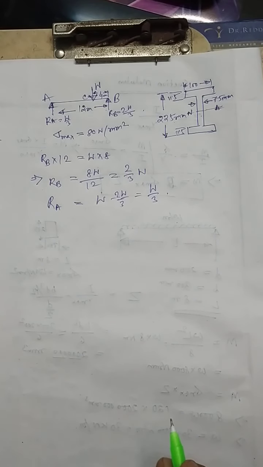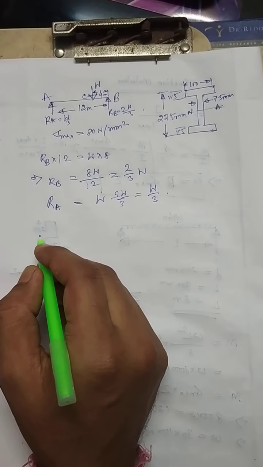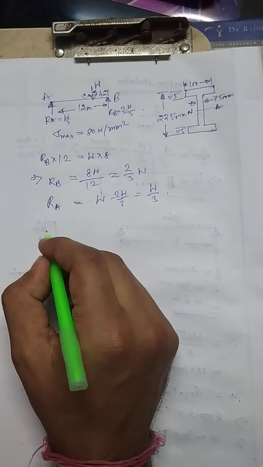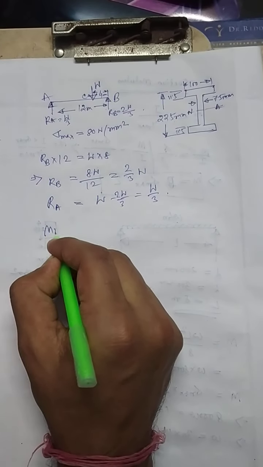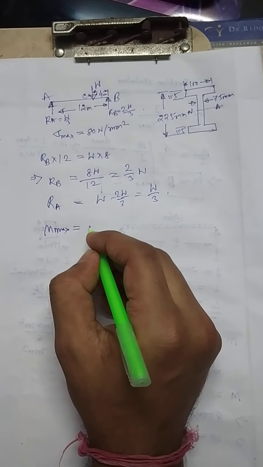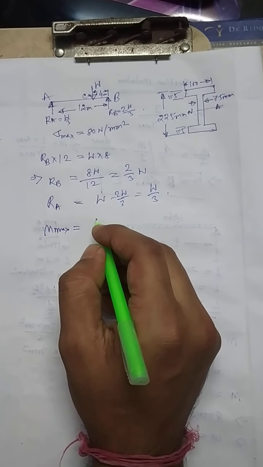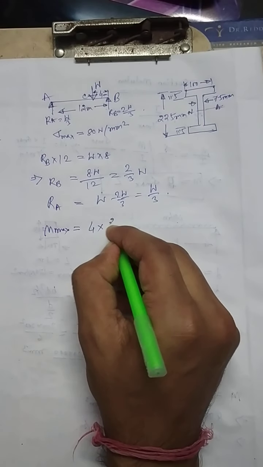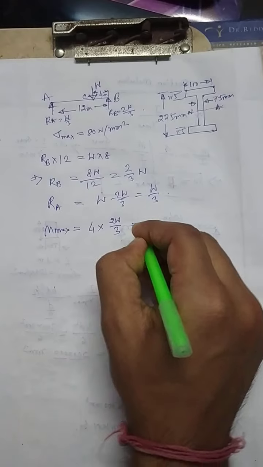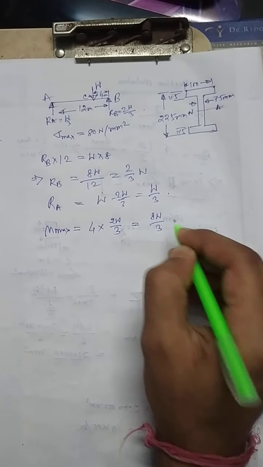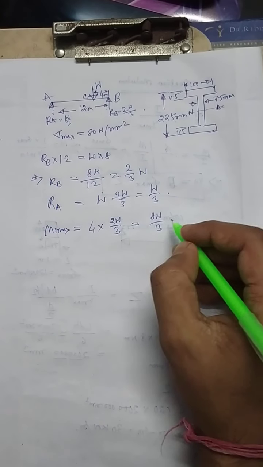Now of course the bending moment at C will be maximum. That is very clear to us from the previous chapter's concept. So the maximum bending moment M max can be found by 4 distance into the force 2W by 3, which is equal to 8W by 3 Newton meter.